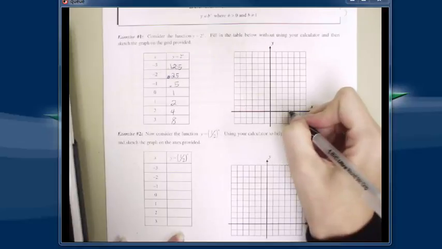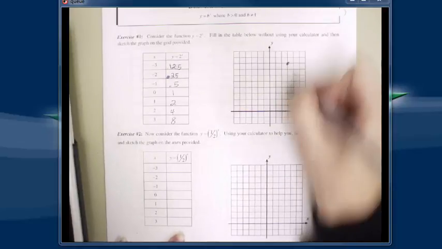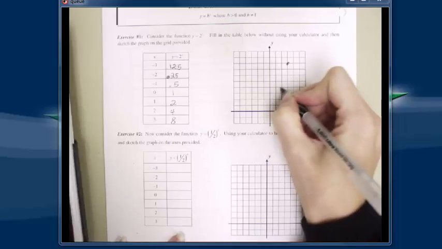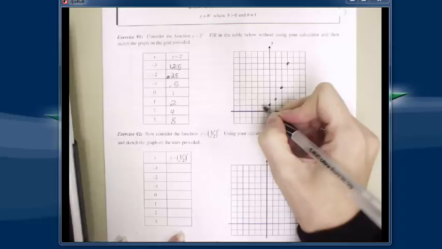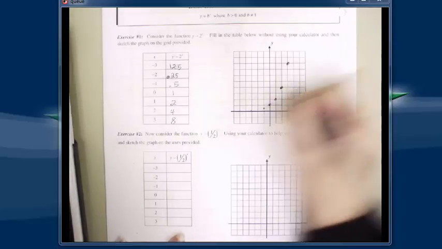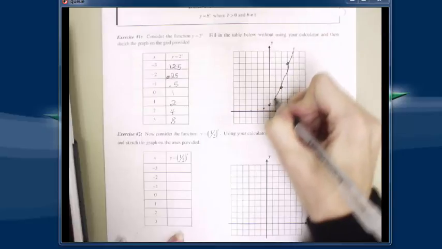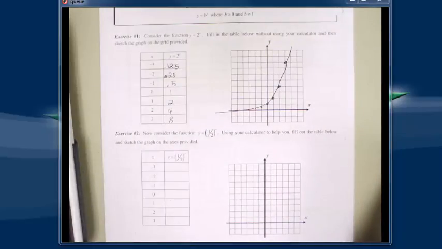So 1, 2, 3, then 1, 2, 3, 4, 5, 6, 7, 8 up the y-axis, and the points: 0, 1, -1, 1/2, a fourth, an eighth. And we can see that beautiful graph. So now we have that, and it looks gorgeous.